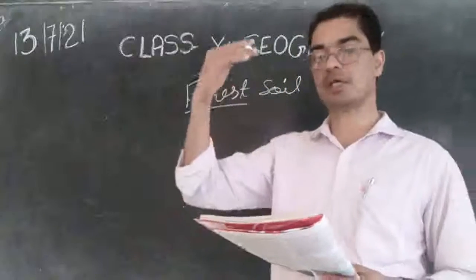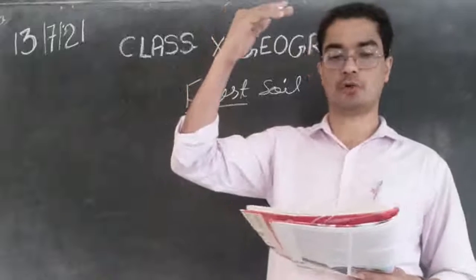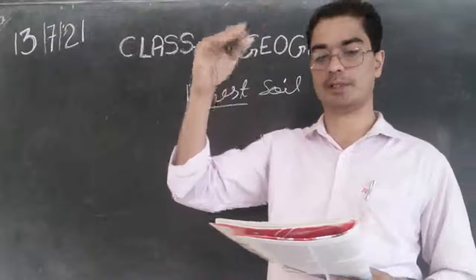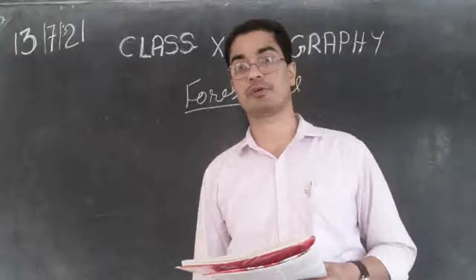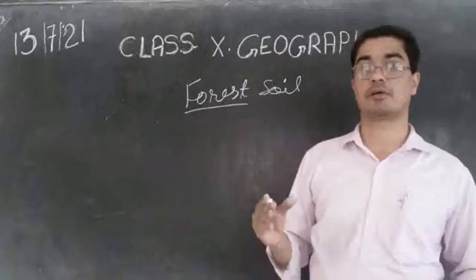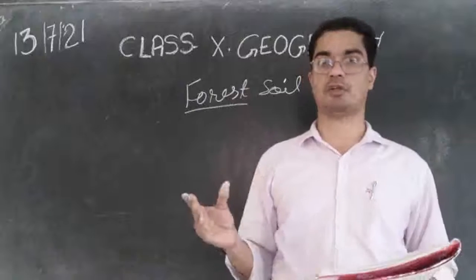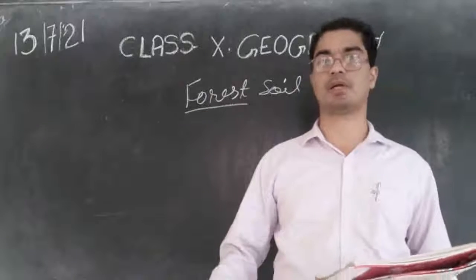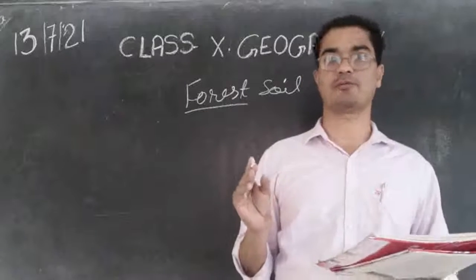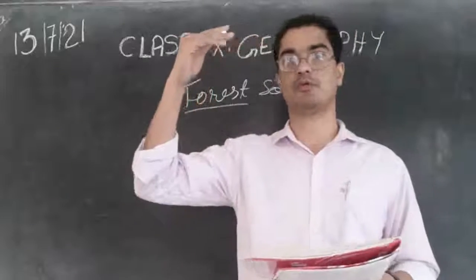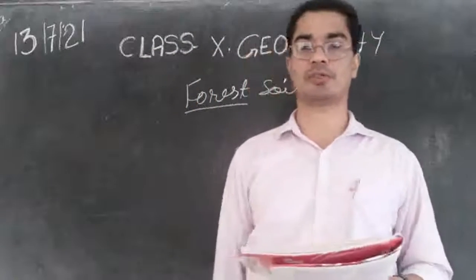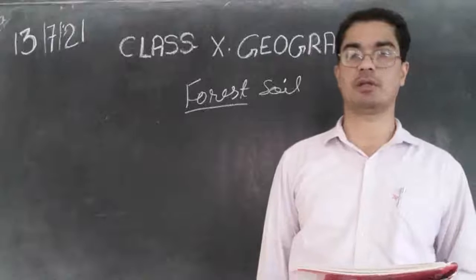But on the upper side of the mountain, the top part of the mountain, you will find that they are coarse grains. They are grain-like sand. They are coarse, very hard, not soft. In the down part we find very soft clay, but in the top part of the mountain we find very coarse, very hard or very rough soil.